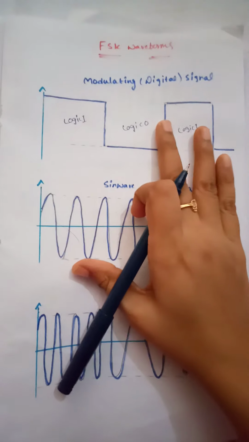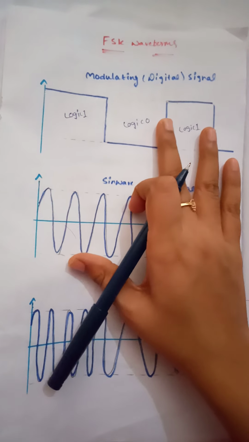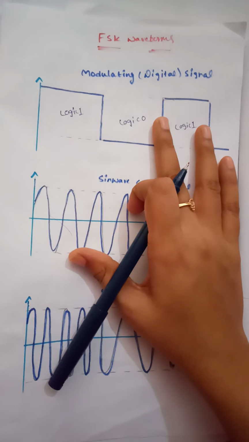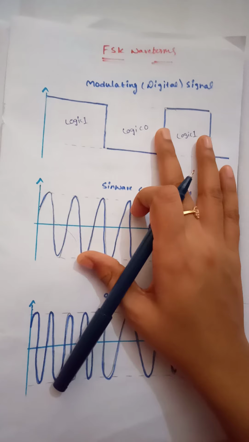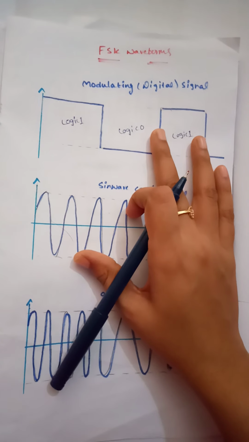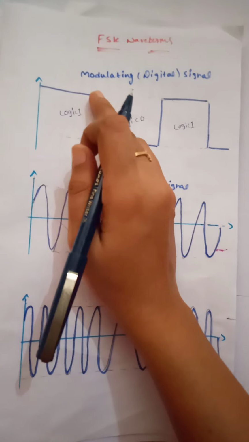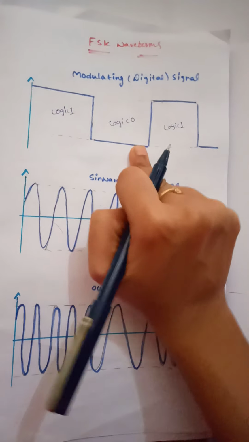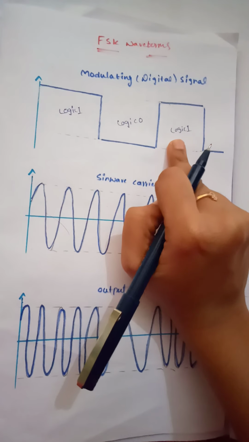See here, this is the FSK waveform. If there is a discontinuity in phase when the frequency is shifted between the mark and space frequencies, that is logic 1 and logic 0. Whenever the pulse is low, it indicates logic 0. Whenever the pulse is high, it indicates logic 1.